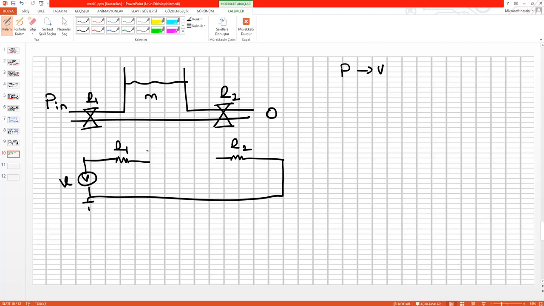Elastance or capacitance, because these are storage elements, right? So, this is the analog of these terms. We can easily solve this equation by using the Kirchhoff law.